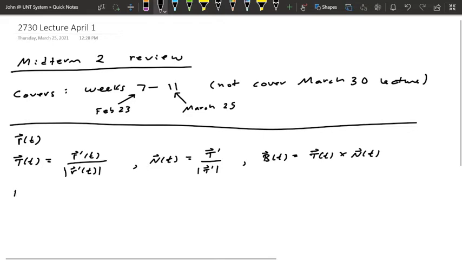Okay, and then we have the curvature function. The definition was the length of the derivative of the unit tangent with respect to arc length. But we have this other useful formula. So it is the length of T prime over the length of the derivative of r.